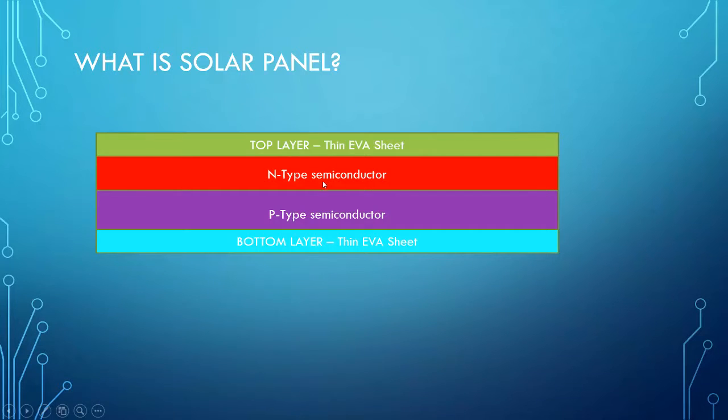So that electron and hole pair, what it will do, electron is attracted towards p-type semiconductor and hole is attracted towards n-type semiconductor. So slowly this n-type semiconductor is getting positively charged, because n-type semiconductor attracts holes from this depletion region, and p-type semiconductor attracts electrons from the depletion region.